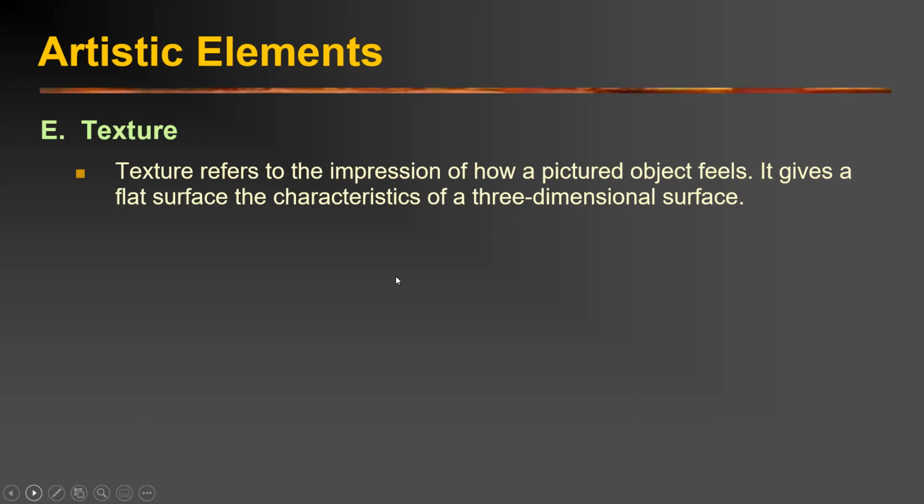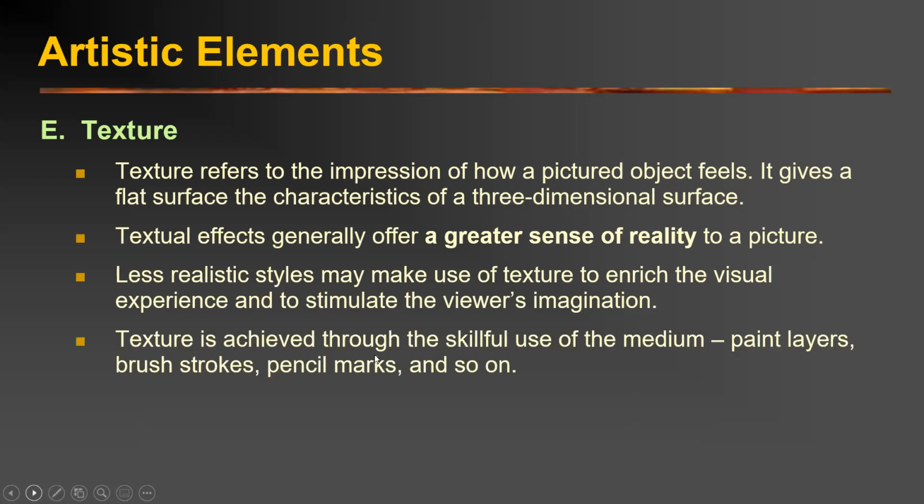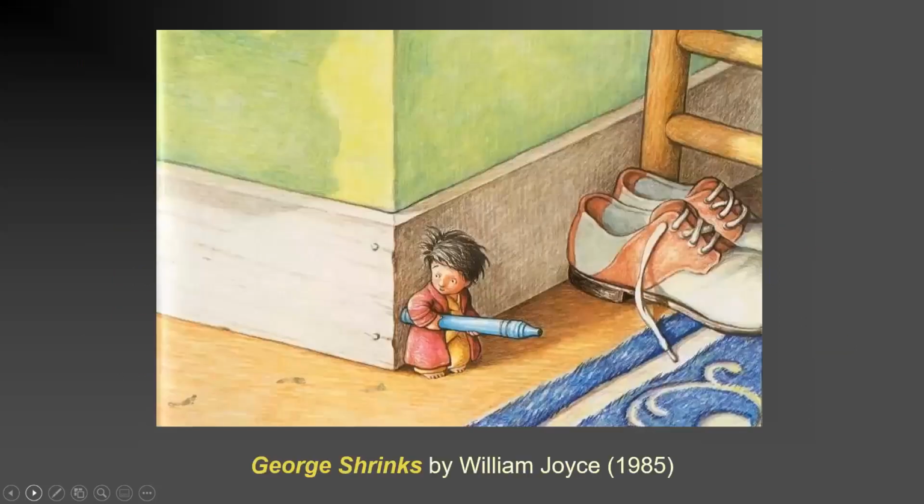Less realistic styles may make use of texture to enrich the visual experience and to stimulate viewers' imagination. Texture is achieved through skillful use of medium, paint layers, brush strokes, pencil marks, and so on. Use of texture. Instead of just painting it, you may use different texture on it. So, another example of pictures in a storybook.